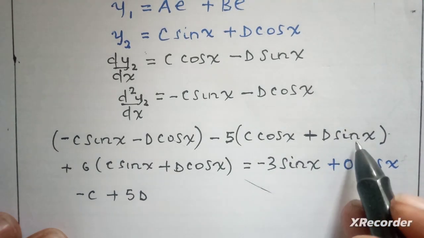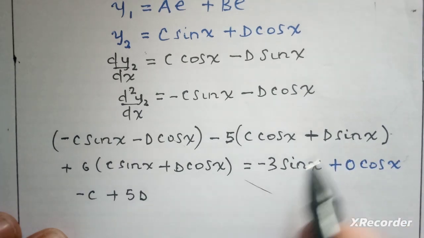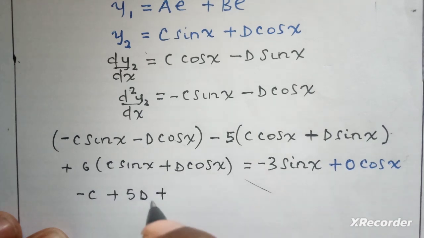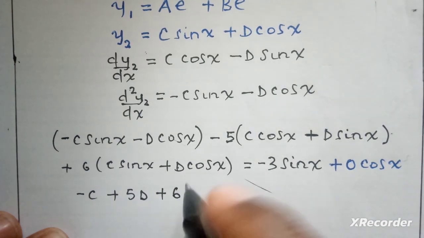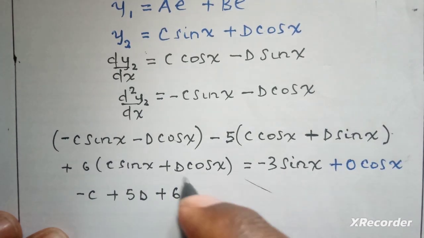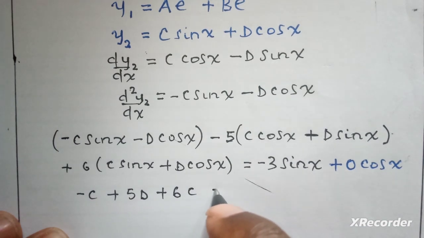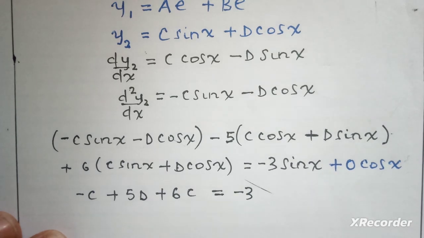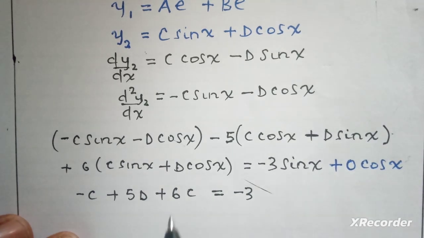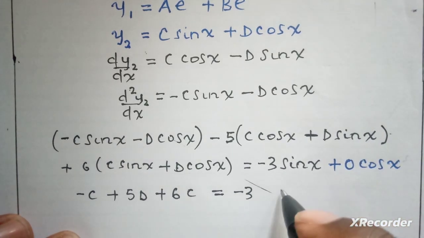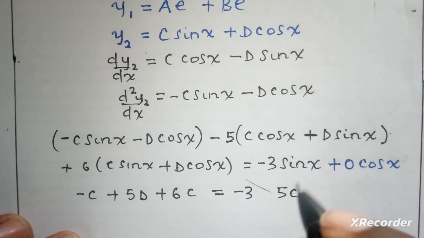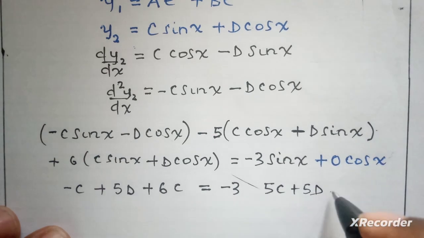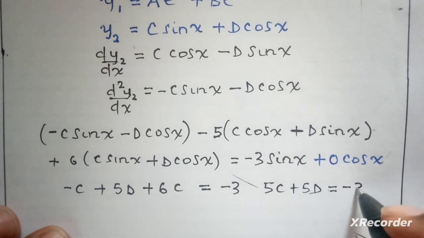I'm equating the coefficient of sine, this side and the other side. So minus c plus 6c will be 5c, plus 5d. This one now gives us negative 3.